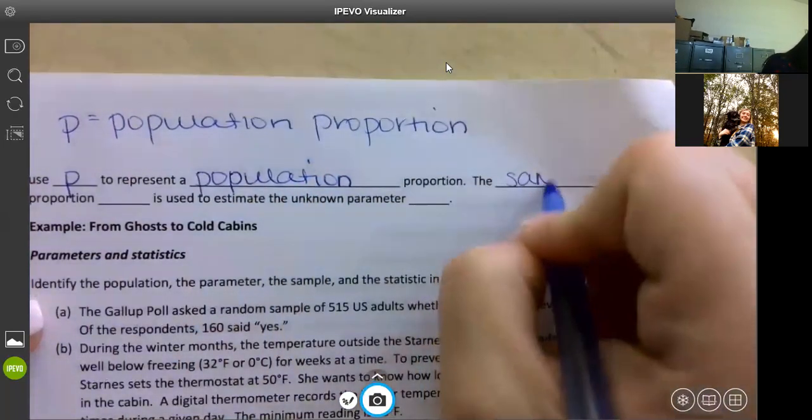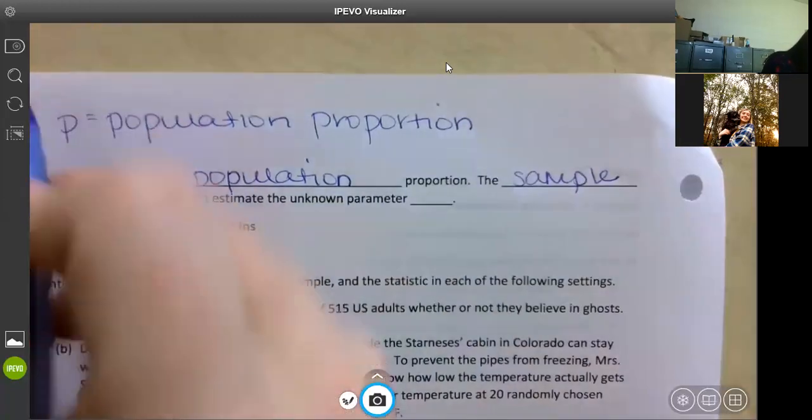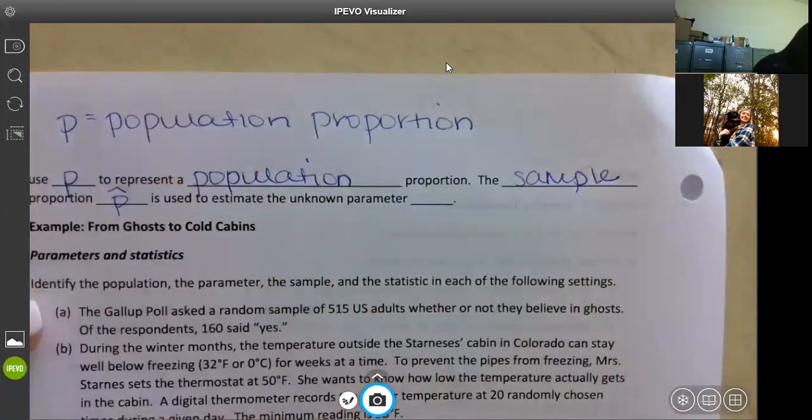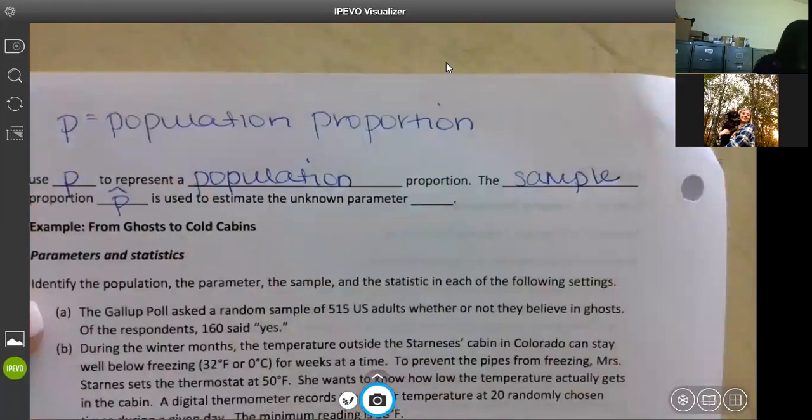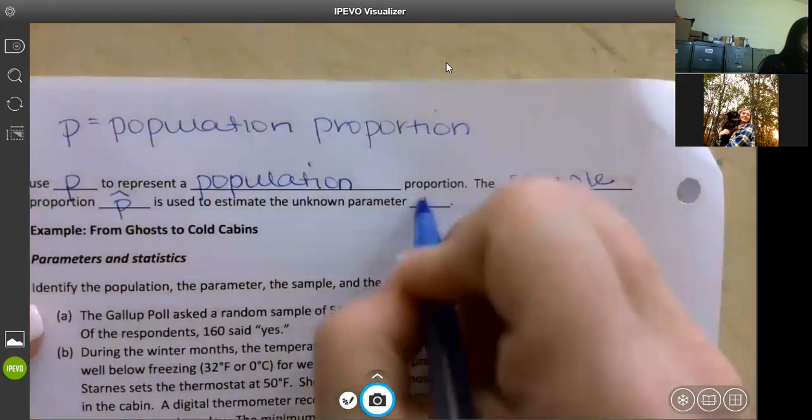The sample proportion, p hat, is used to estimate the unknown parameter p.